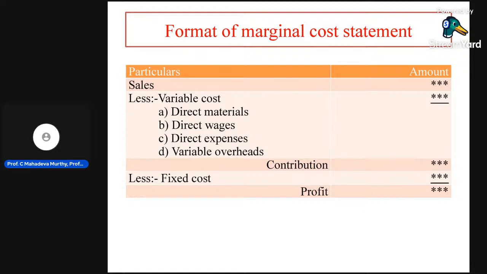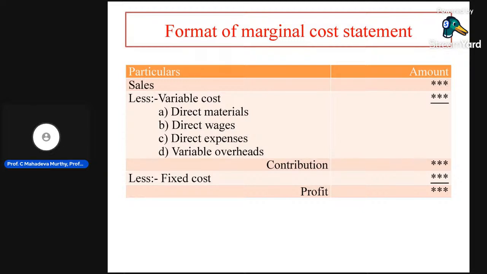Under that, variable cost: direct material, direct wages, the material we need for the production process. Direct material, not indirect material, which we are not going to consider. Direct wages for that employee, direct expenses for that process, variable overheads, other overheads.